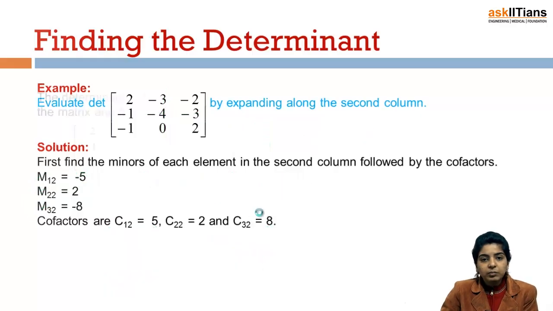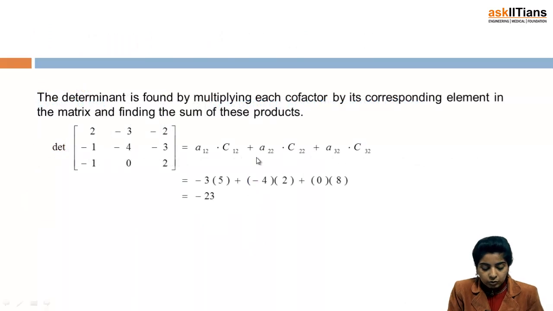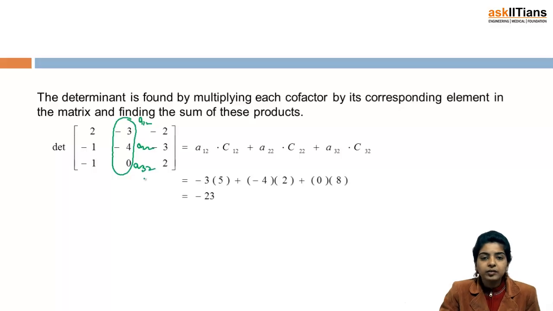So once you get the minors and the cofactors, what you need to do is multiply the cofactors by the corresponding elements. So what does that mean? We were supposed to compute the determinant by expanding along this column, A12, A22, A32. The position of these elements is this.